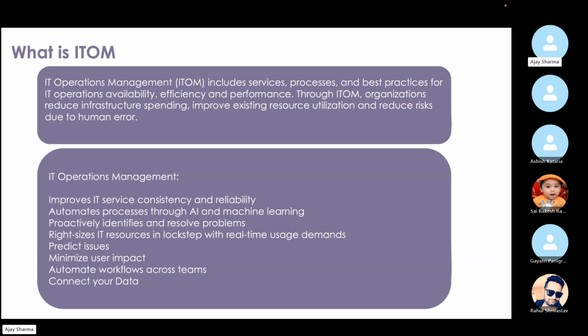Minimize user impact. If any impact is there, and if we have the complete ITOM solutions enabled, we can minimize that particular impact. How can we minimize it? Because we have the information from events, we have the CI available, and service mapping gives the picture for that particular application. So events or alerts are already there, so we know that something is happening on that CI.